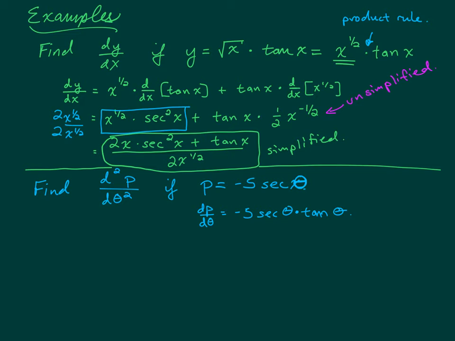So we can write that the second derivative equals -5 times the first function, secant theta, times the derivative of the second function, tangent, plus the second function, tangent, times the derivative of the first function, secant theta.